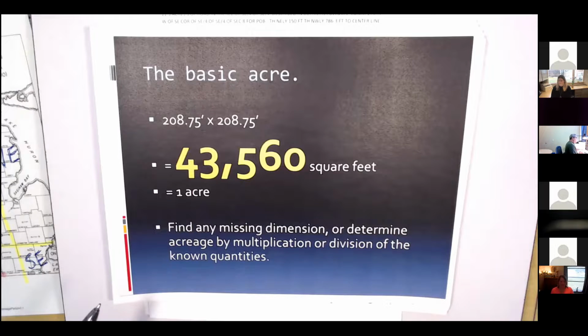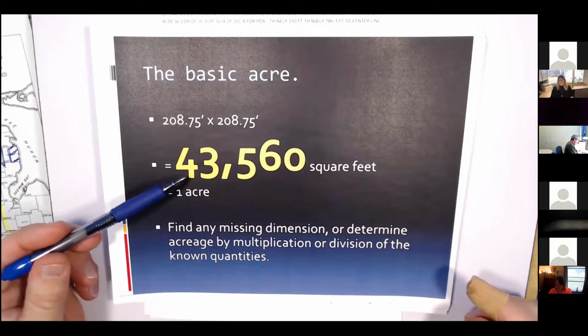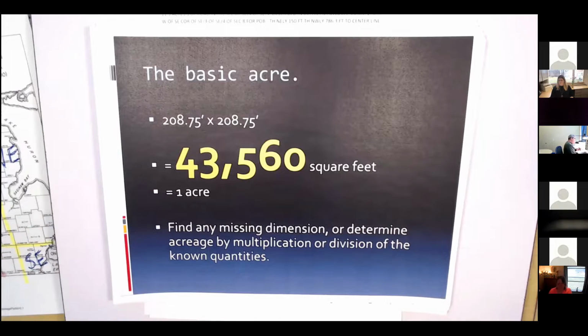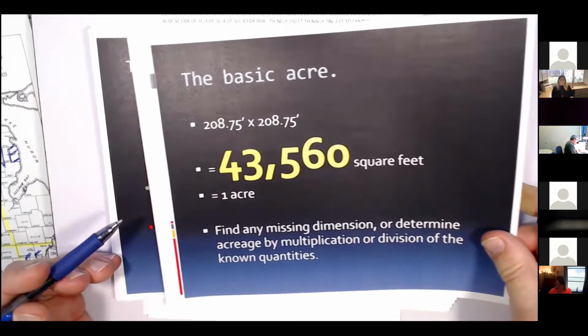Where it's difficult is where the corners are at angles more or less than 90 degrees, or the sides are of different lengths, or it is not square or rectangular, it's octagonal or trapezoidal or something. You're still going to be able to calculate the number of acres by the square footage, but you may not be able to do the reverse, which is determine some of the missing dimensions.